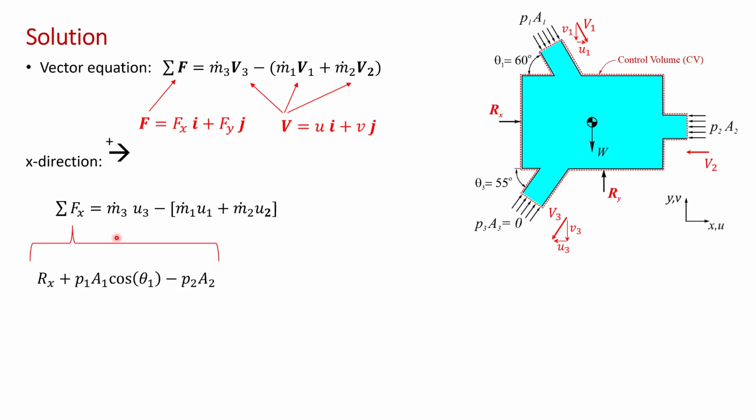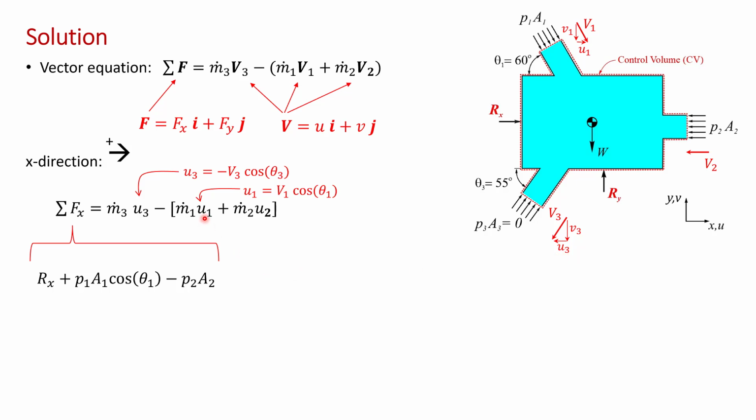Next, what we can do is express these 3 x components of velocity in terms of the velocity components we're given in the problem statement. So starting with u3 equals V3 cos theta 3, but negative because it acts in the negative x direction.